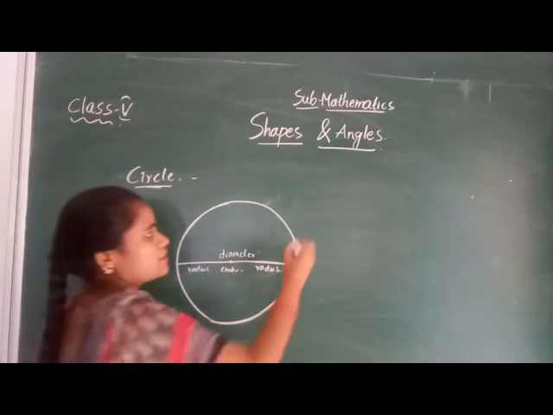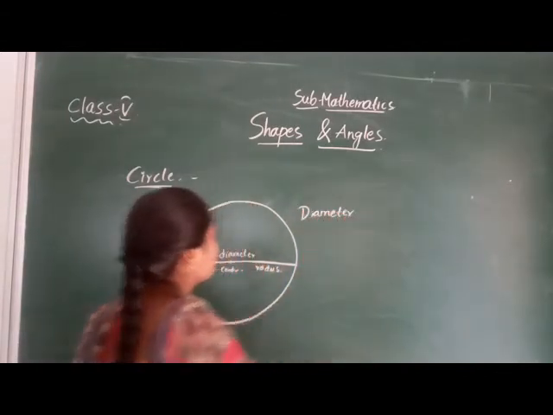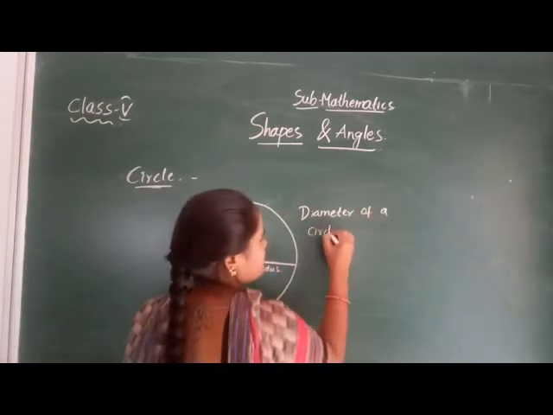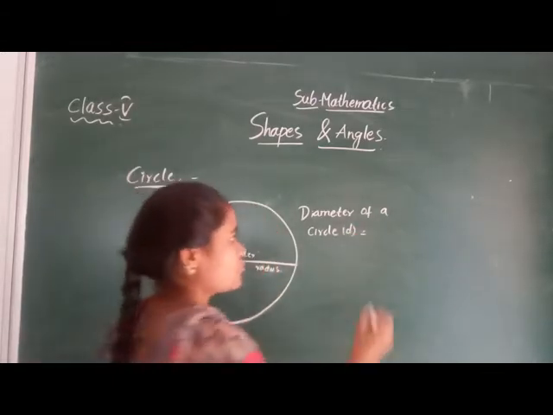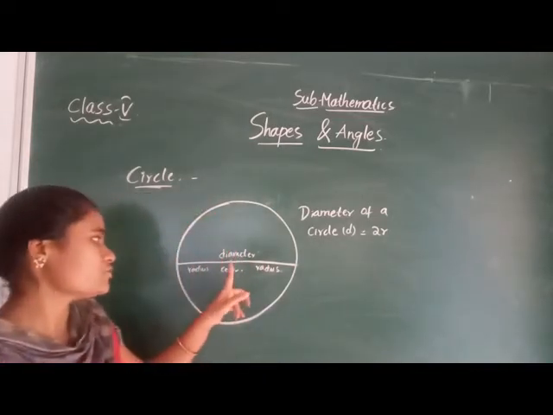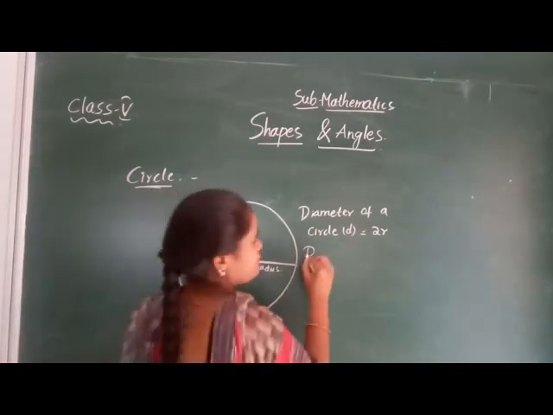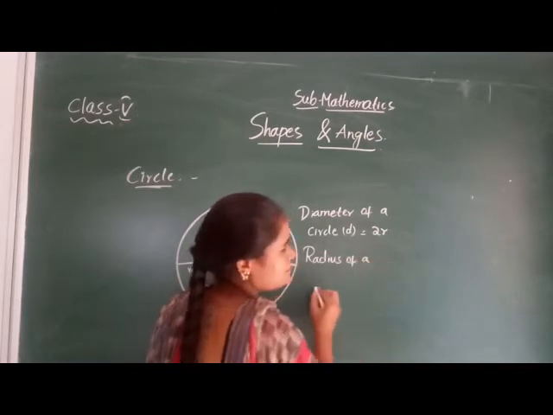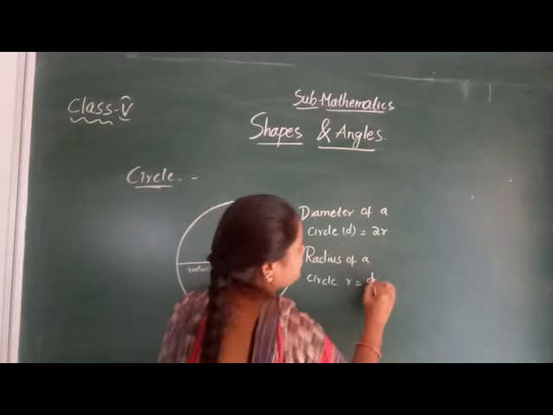See, diameter. Diameter of a circle is equal to 2r. 2r means 2 radius. One diameter is equal to 2 radius. Next, radius of a circle. Radius of a circle, R is equal to D by 2.